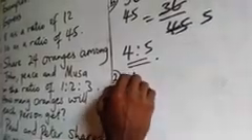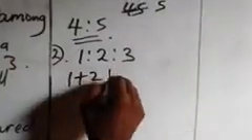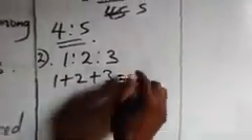Then we move to B. We are asked to share 24 oranges among John, Peace, and Musa in the ratio of 1:2:3. The first thing we do is to write out our ratio, and after writing it out, you add everything together to know the total ratio. That is 1 + 2 + 3, which will give us 6.